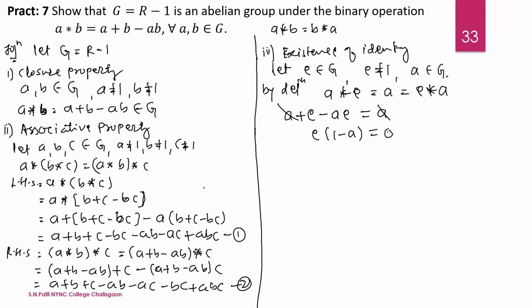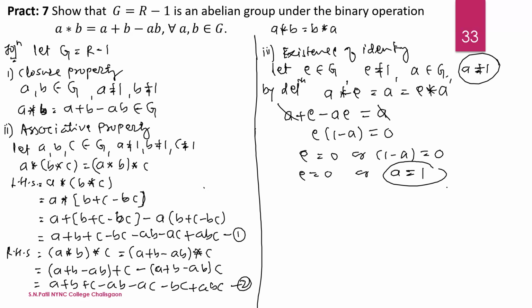So there are two terms whose product is 0. e is equal to 0 or 1 minus a is equal to 0, that is e is equal to 0 or a is equal to 1. This is not possible, since a belongs to G and in G, 1 is not there, so a is not equal to 1. Hence that is not possible, and the identity is 0.